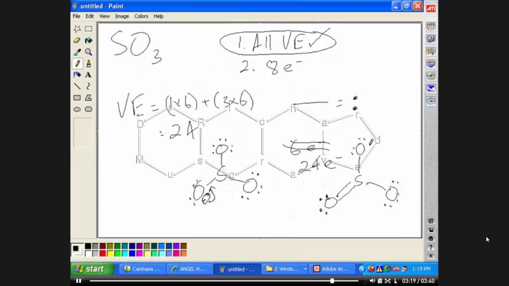Let me finish up here. And then we've got 4 electrons in the bond here, but they're being shared by both the oxygen here and the sulfur. So that is my final structure there, and you'll notice that everything now has 8 electrons around it, including the sulfur.